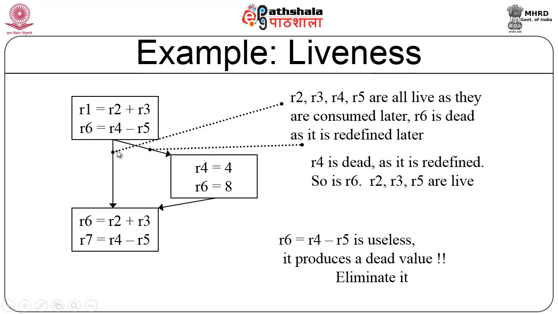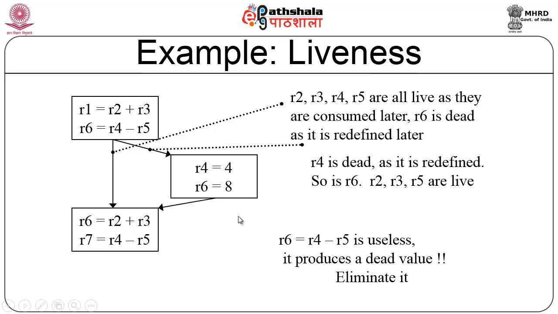At this point we see that there is a value for R4, but on the alternate path R4 and R6 are going to be redefined here, therefore R4 and R6 are said to be dead. But R2, R3, R5 can be live here. R6 is redefined.